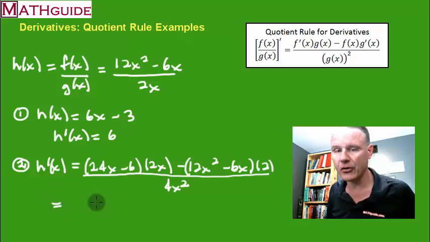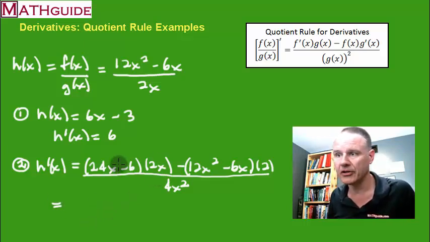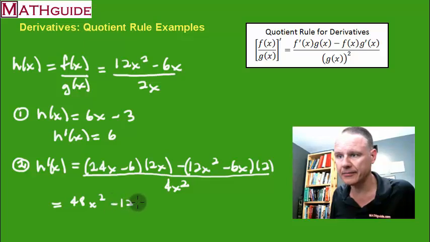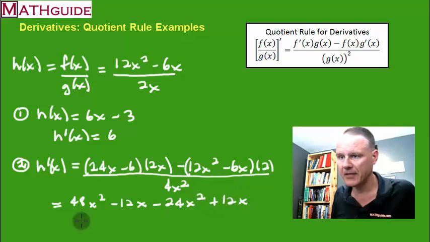Now, this is going to require some algebra. If I do the distributive property, I'm going to get 48x squared, minus 12x. Then I'm going to multiply and take the opposite, so that would be negative 24x squared. Negative 12, take the opposite, that would be a positive 12x. And I'm dividing that all by 4x squared.